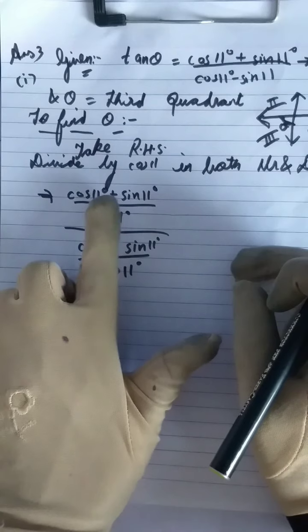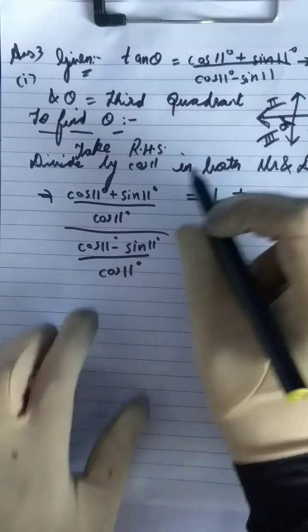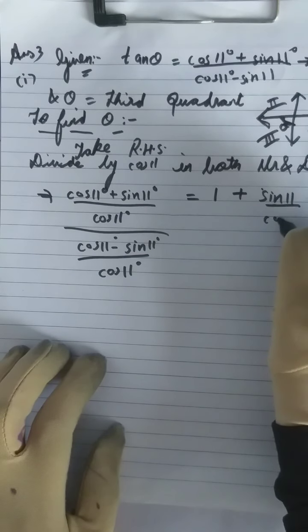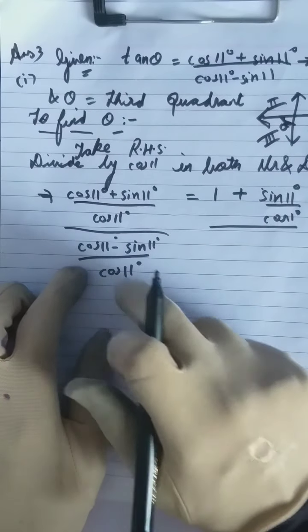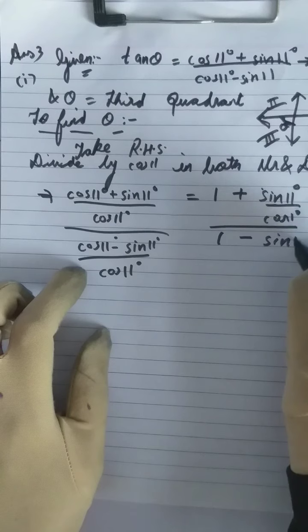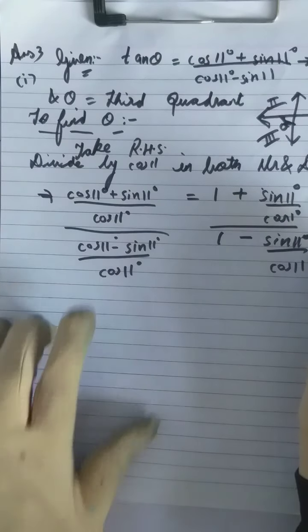Why? Because we have a plus sign in between. So cos 11 by cos 11 will give us 1, and sin 11 by cos 11 I will write separately. Again, in the denominator, cos 11 by cos 11 is 1 minus sin 11 by cos 11. This cos 11 belongs to both cos 11 and sin 11.